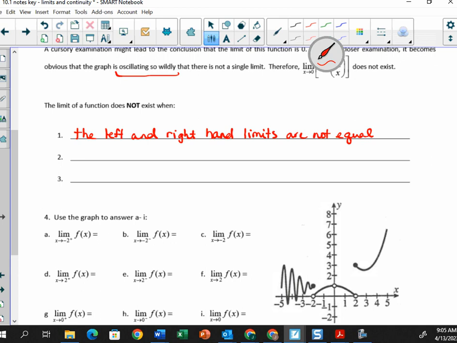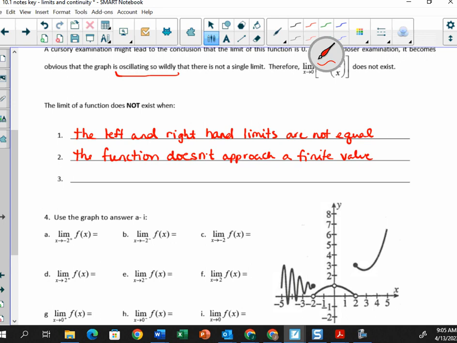We've got 4 minutes, guys. Another way, the function doesn't approach a finite value. That's the whole infinity stuff, okay, right?